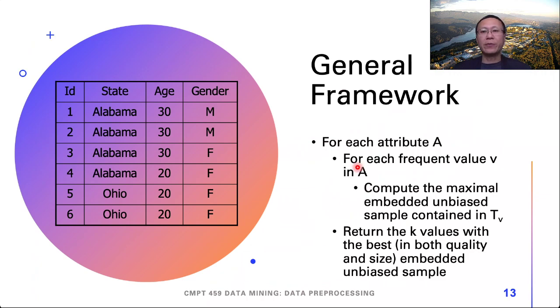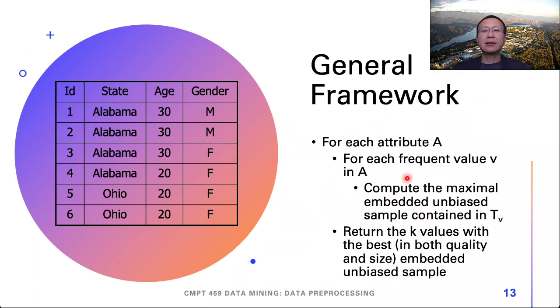So the general framework is the following. For each attribute A, for each frequent value V in this A, we compute the maximum embedded unbiased sample contained in TV. That is, among all the tuples having value V, we try to extract the largest subset that mimics the global distribution on all the other attributes as the whole data set.